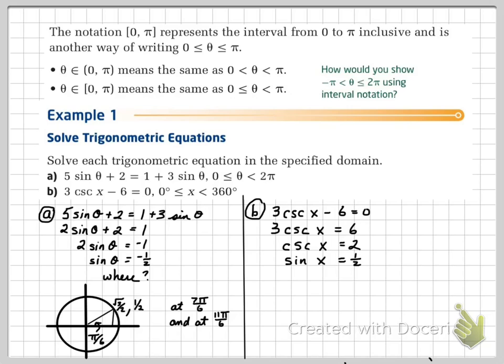And when is the sine of x equal to 1 over 2? Well, it's going to be at 30 degrees, and between 0 and 180 it's positive, so it's also going to be at 150 degrees. The other two quadrants are going to be negative, so that means that those are the only two possible answers.